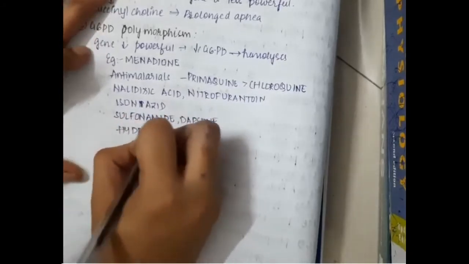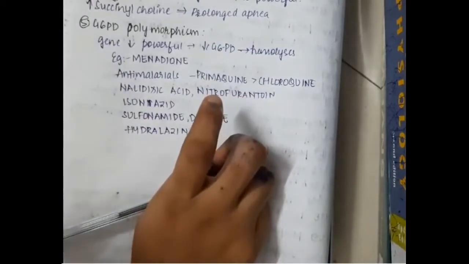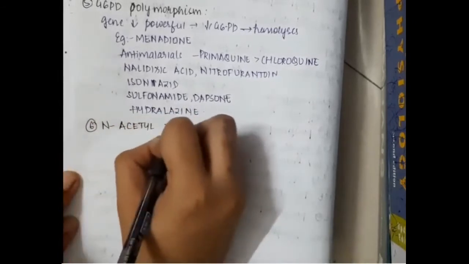If you give these drugs in G6PD deficient individuals, hemolysis will occur.